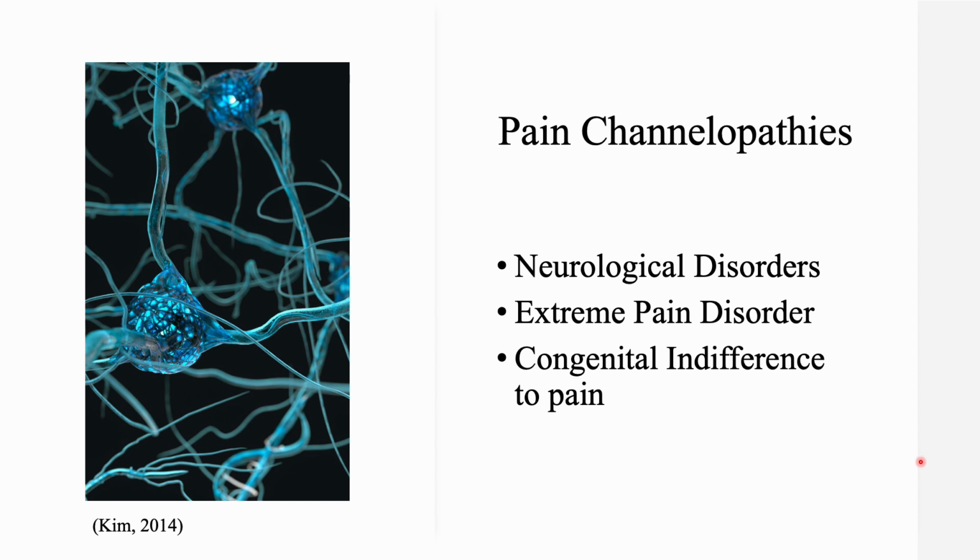A specific example of this are pain channelopathies. They are a class of neurological disorders. There are a wide array of ion channels that are expressed in the nociceptive neurons. These neurons detect and alert the brain of imminent danger or injury, but deficits in these ion channels have been found.